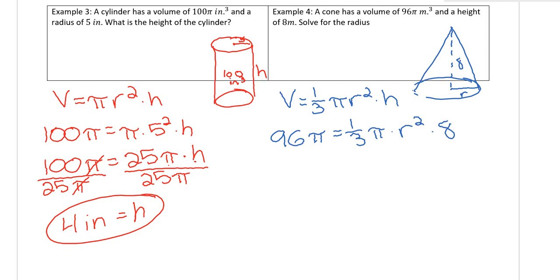Okay. So again, looking at this side first, what can I simplify? Since it's all multiplication, I'm going to multiply my two numbers together. I have 96 pi equals 8/3, since 1/3 times 8 is 8/3, pi times r squared. Again, I want to get my variable by itself, so I'm going to divide both sides by 8/3 pi.